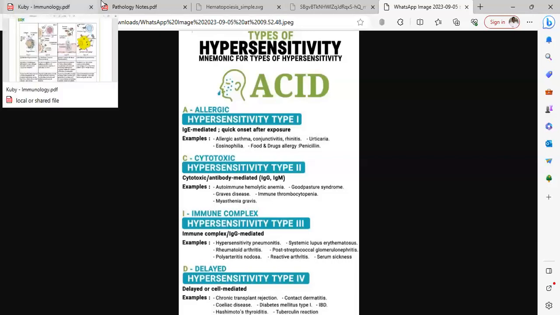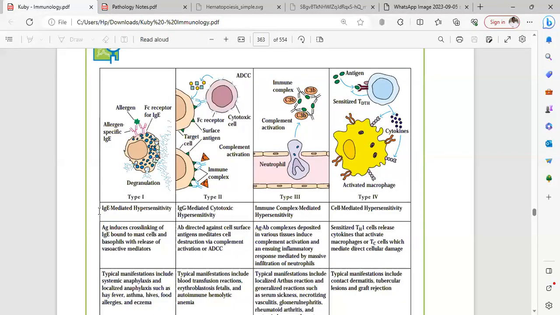So as a recap, type 1 is IgE mediated. We have seen that the antigen cross-links with the IgE that is bound to mast cells. Then as explained, the second time it releases these mediators, and that is when you get symptoms such as asthma.